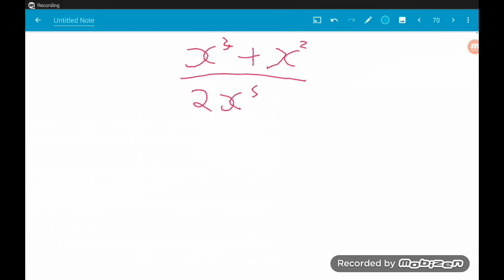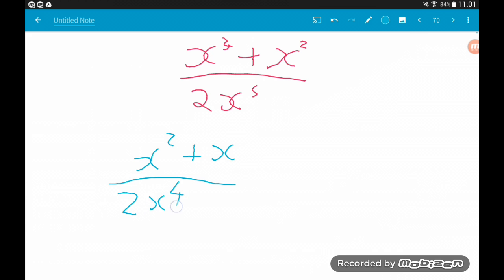Okay, next up we have x cubed plus x squared over 2x to the power of 5. Hopefully we're quite happy that we have a common factor of at least x running throughout. So, we could divide through by x first of all. That's going to leave us with x squared plus x over 2x to the power 4.